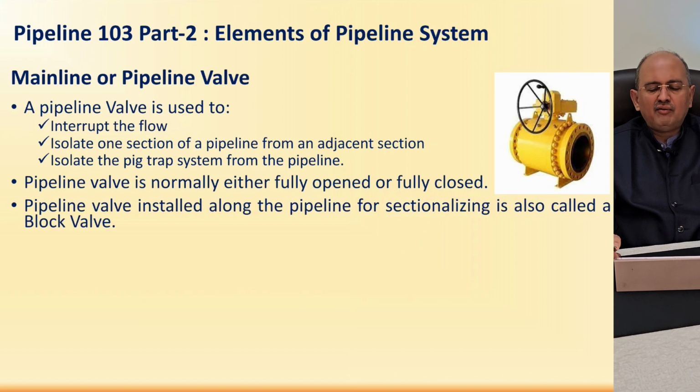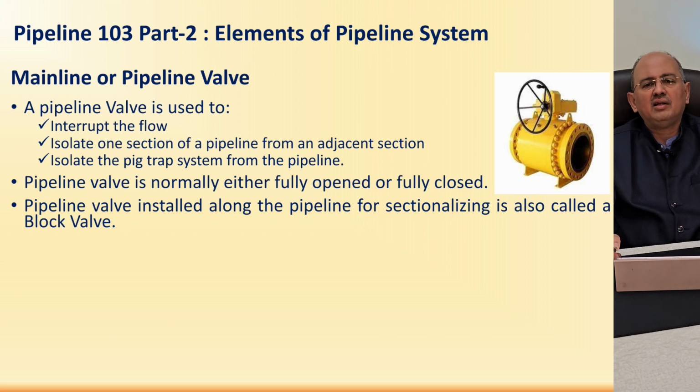Now, sometimes what happens? The pipeline is very long. Assume that it is a 300-kilometer pipeline, and there is a leak happening in the last 50 kilometers, from the 250 to 300 kilometer section. You don't want the entire inventory in the pipeline to leak out. So imagine you have isolation valves installed along the pipeline length, let's say every 30 or 50 kilometers.